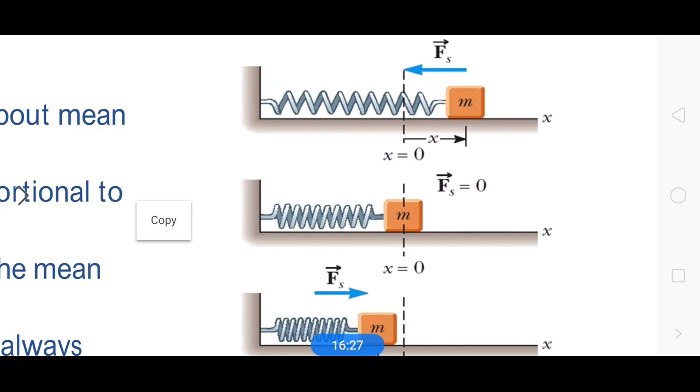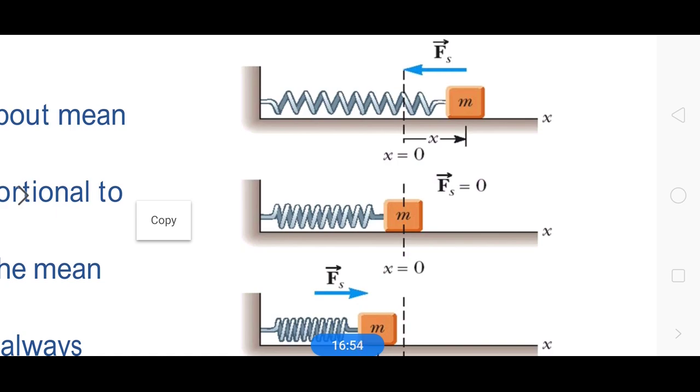Then for every body, when we apply some force on the body, restoring forces develop inside the body, and these restoring forces try to regain its original size and shape. So also in the spring, restoring forces will be developed. Observe the figure here.